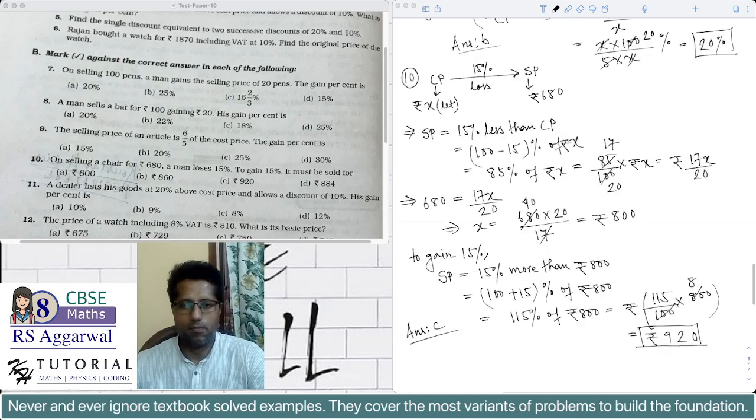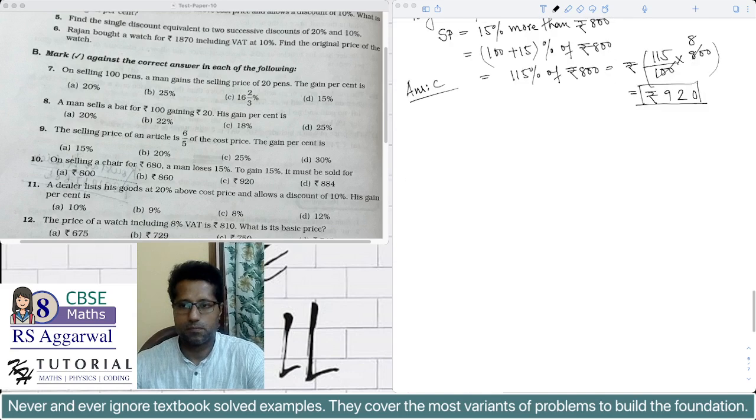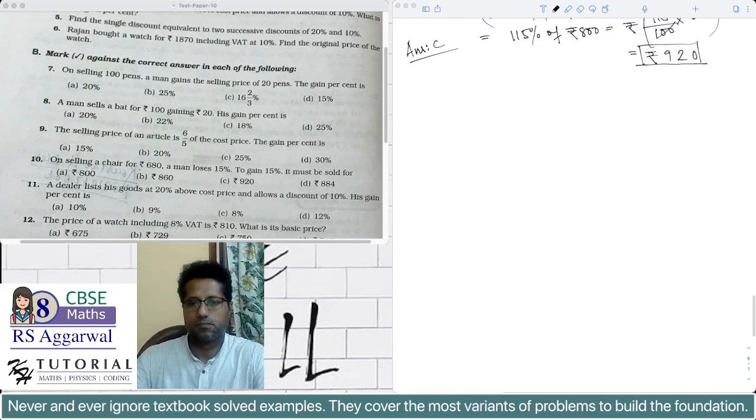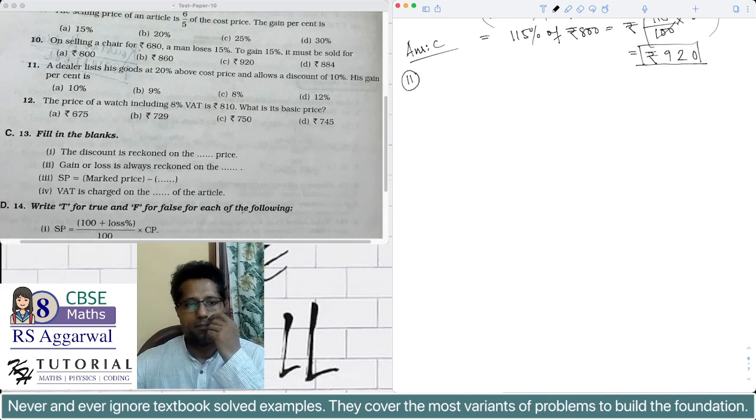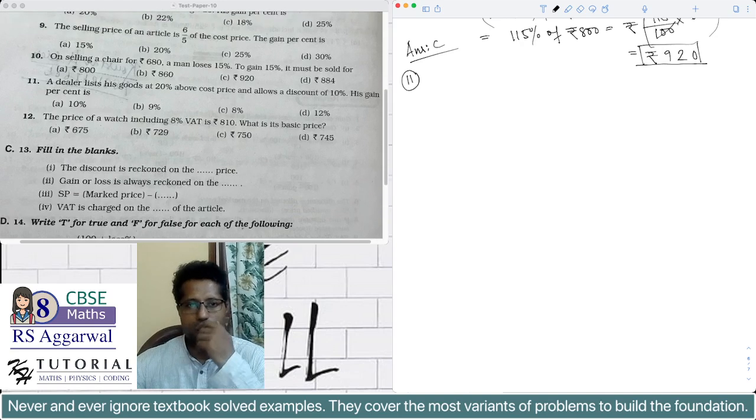Let's do problem number 11. A dealer lists his goods at 20% above cost price and allows a discount of 10%.